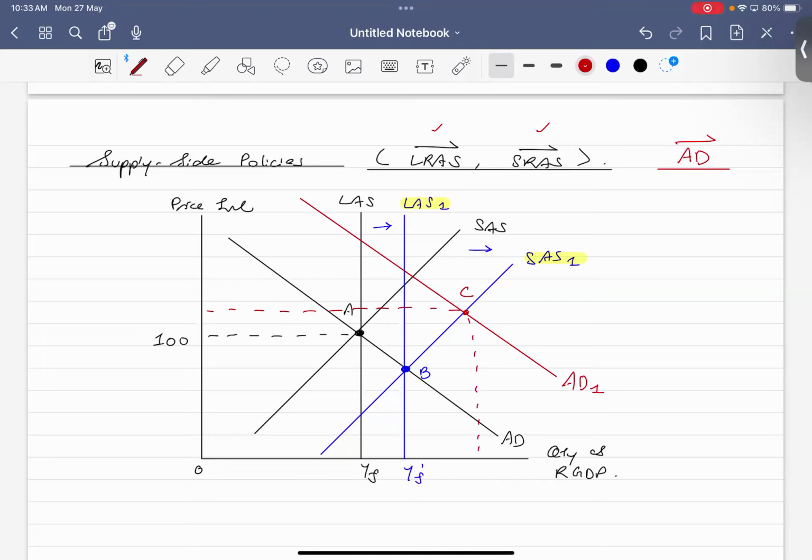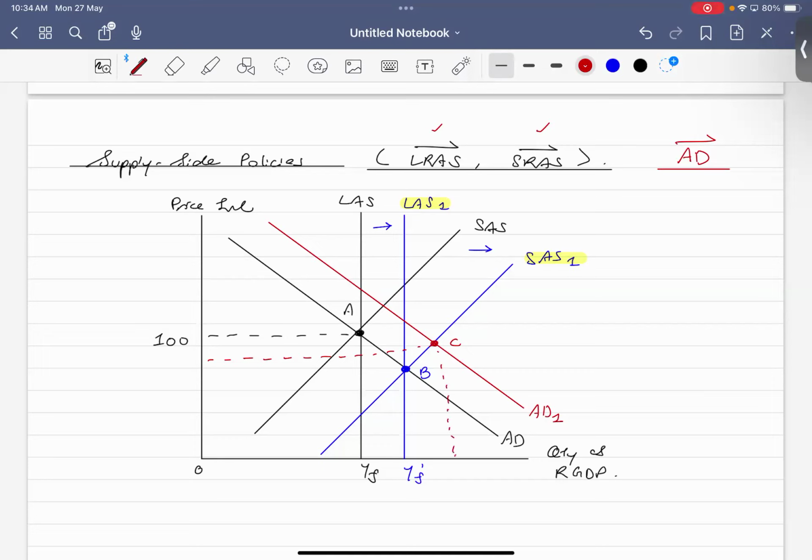That is also correct. Okay, if you want to shift a little bit only, let's say your AD curve is only shifting a bit to like this only. Here you can see that your point C is here, in which the price level has fallen down a bit, and then your output also increases.